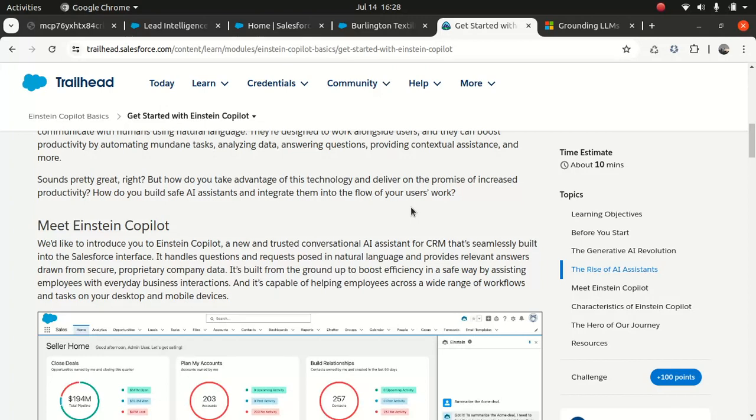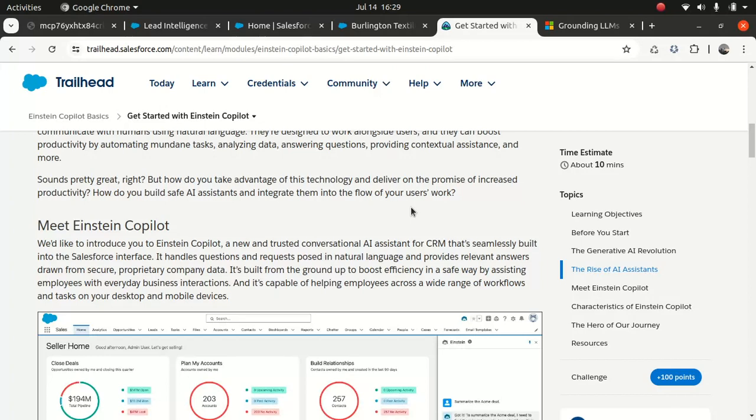So it's a conversational AI assistant for the CRM platform, in simple terms. And one of the advantages is that it's built on top of the Salesforce platform. It is not a product which has been integrated using different means. Salesforce uses the trust layer, and on top of that, they built this interesting technology.